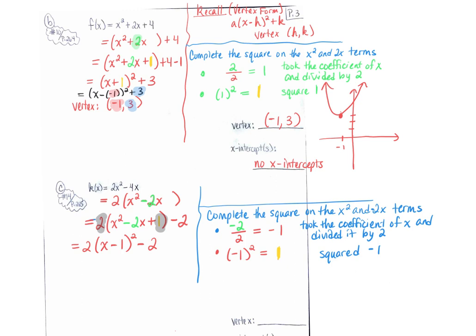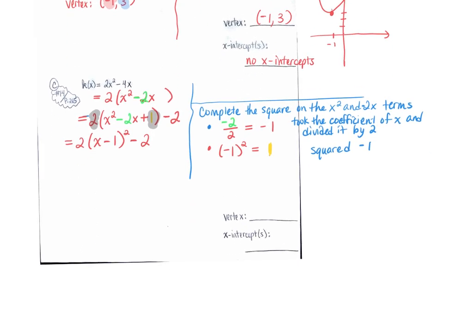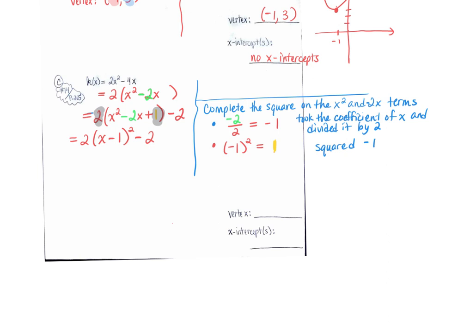What's your vertex? Very good. 1, negative 2. Your vertex is 1, negative 2.